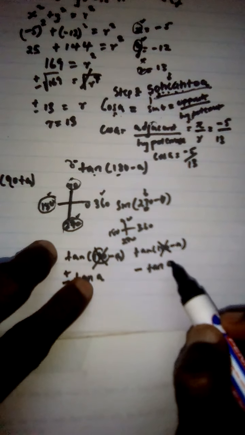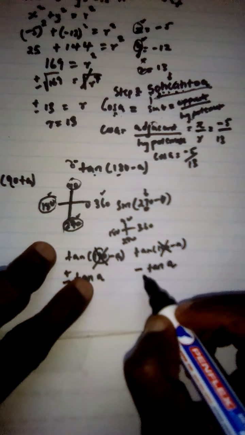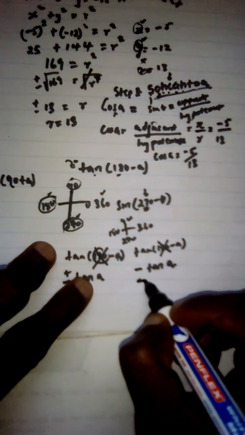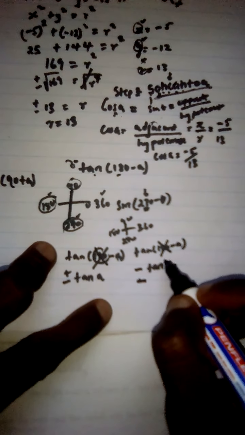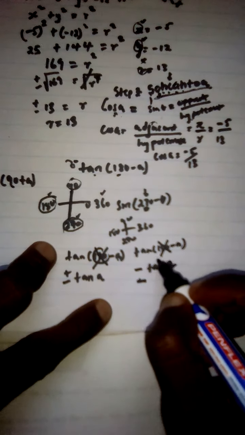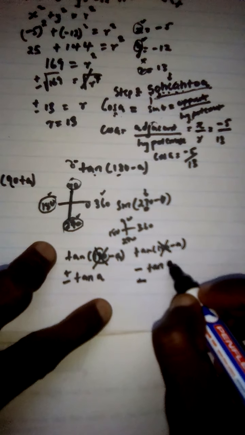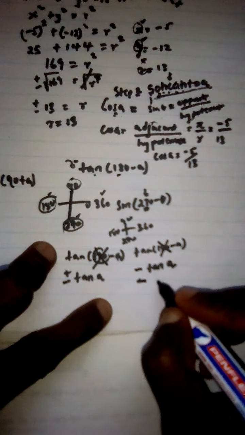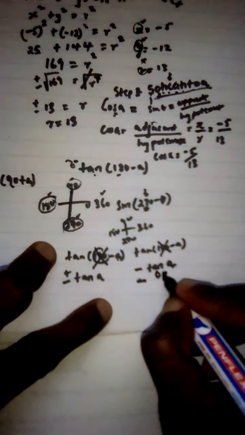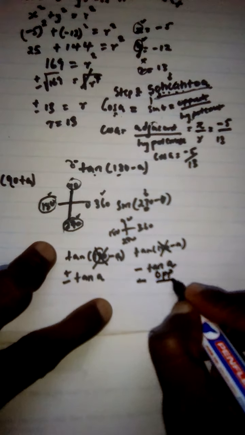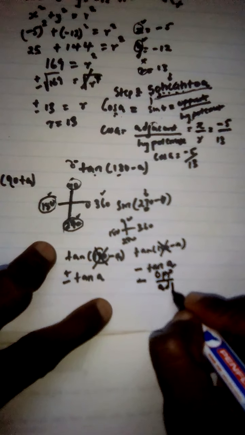Now because it's negative tan alpha, you can say negative. Now you use the definition of tan alpha. Tan is opposite over adjacent.